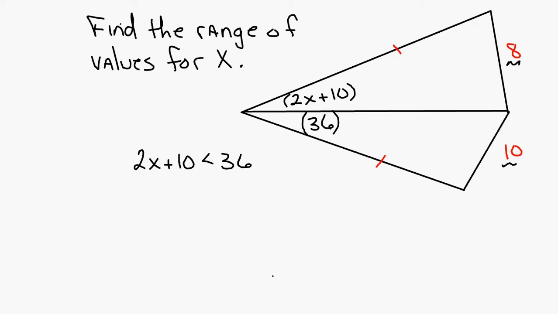But now, 2x plus 10 has to be greater than something. It's an angle in a triangle, so it has to be greater than 0.